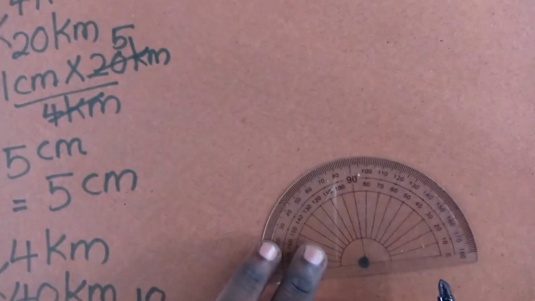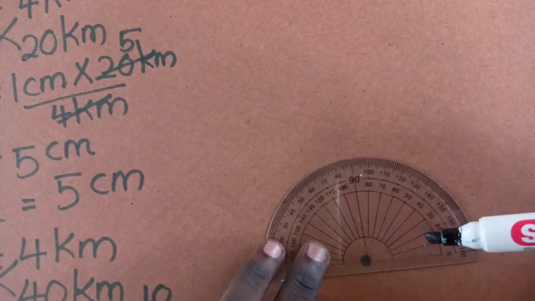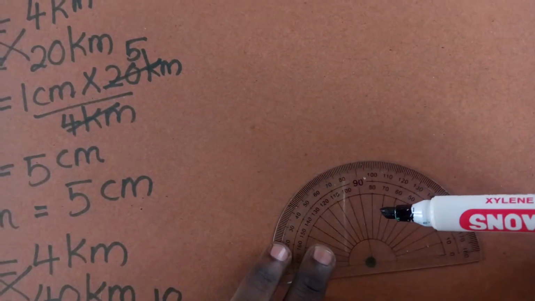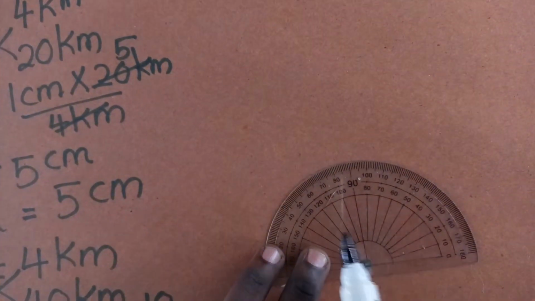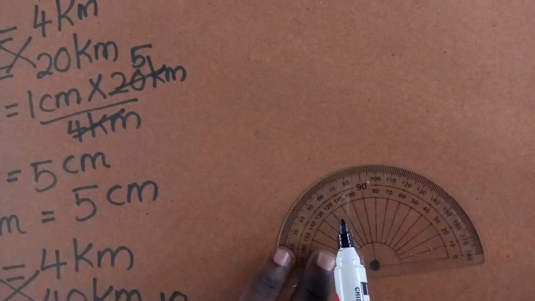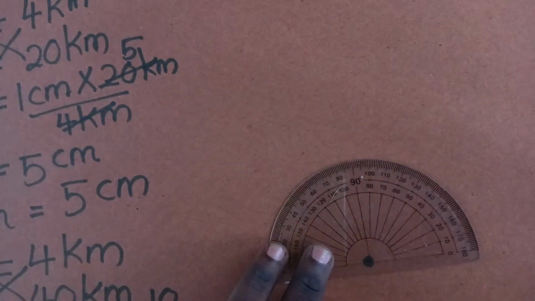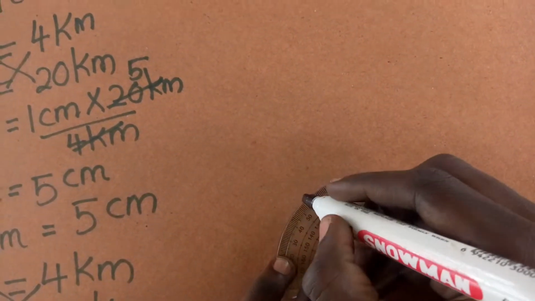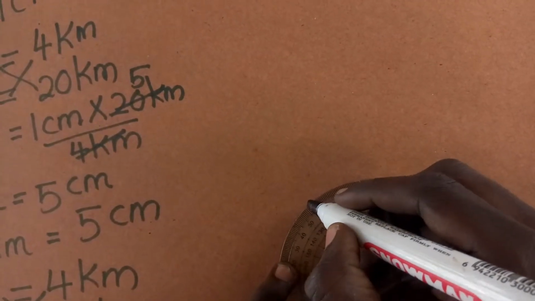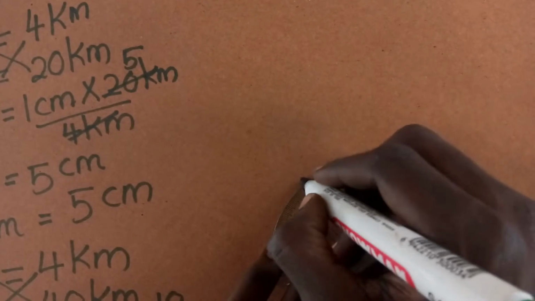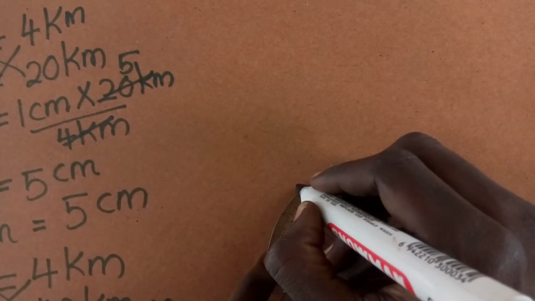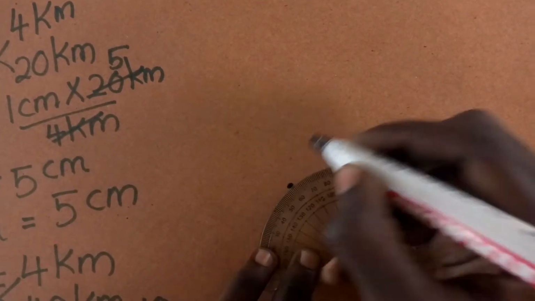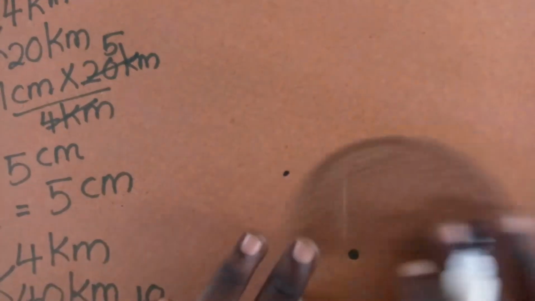As you can see, this is 0, 10, 20, 30, 40, 50, 60, 70, 80, 90, 100, 110, 120. So our direction is 120 degrees. We're going to mark it. As you can see, this is my direction.